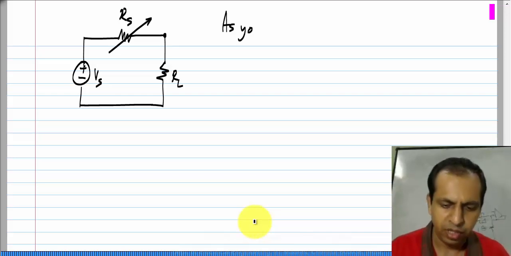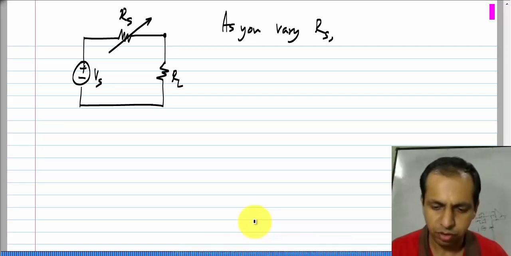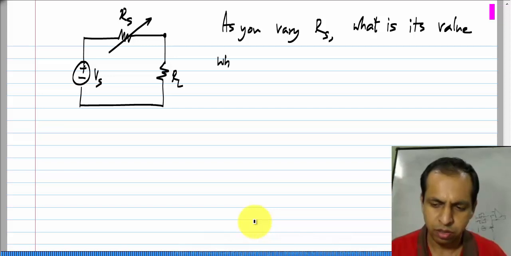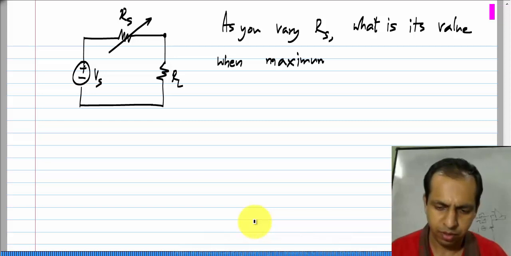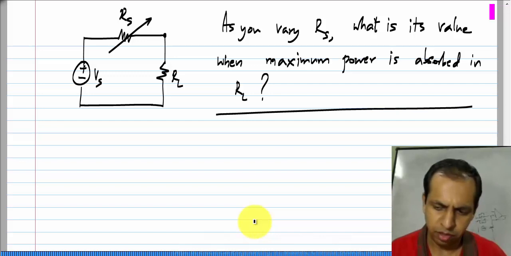Now, let us say that you vary RS, not RL. As you vary RS, what is its value when maximum power is absorbed in RL?